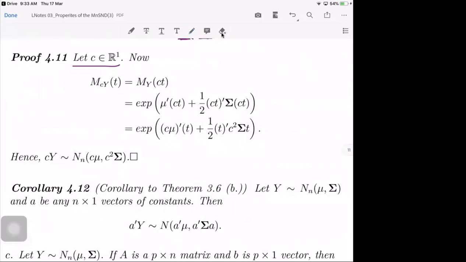Okay. Now, let's find out the moment generating function of Cy. By definition, by previous result, what lemma is this?